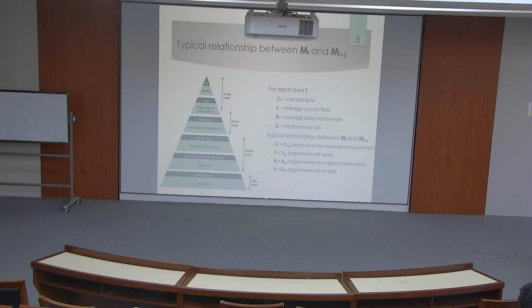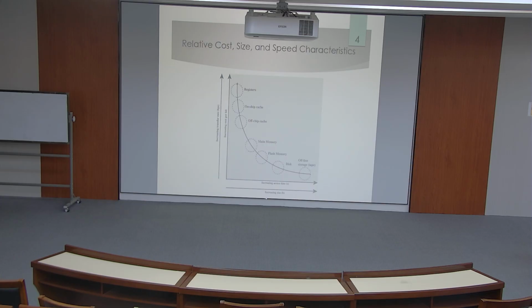When it comes to the size, the size of a memory at level I has to be less than the size of the memory at level I plus 1. That means that a good memory has to balance relative size, cost, and speed.